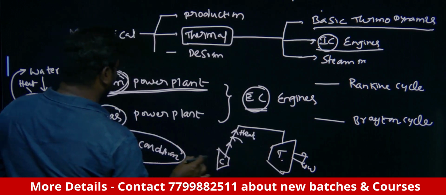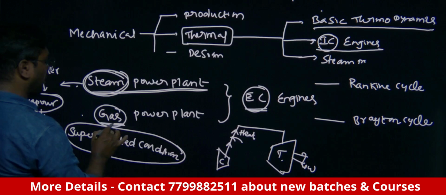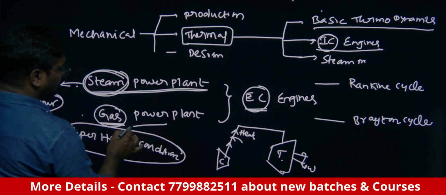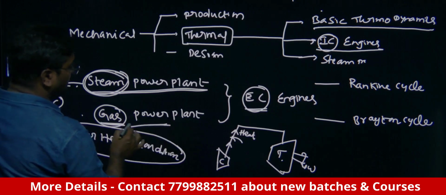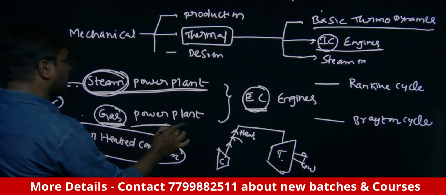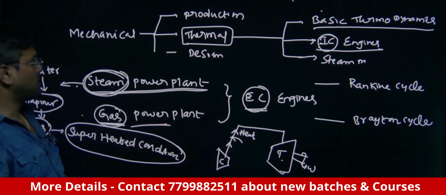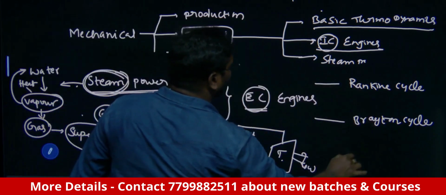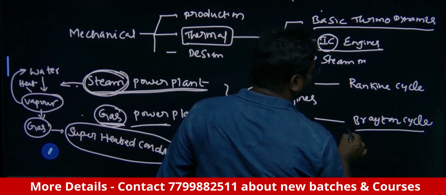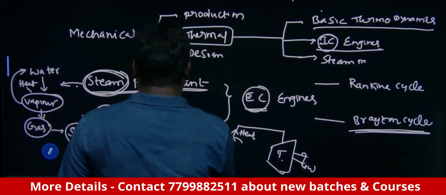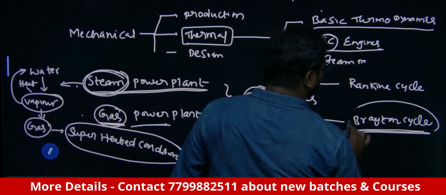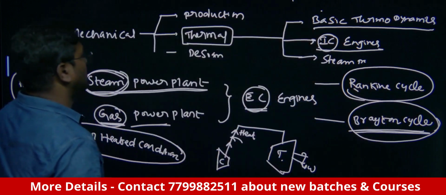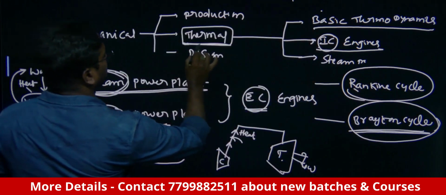A high amount of gas entering the turbine produces power. That type of turbine is called a gas turbine, and that type of power plant is called a gas power plant. Here, this gas turbine power plant operates on the Brayton cycle, and the steam power plant operates on the Rankine cycle. This is just a basic introduction to thermal.